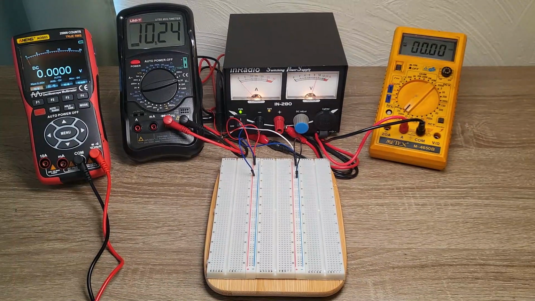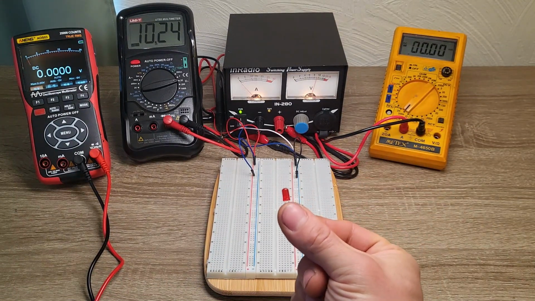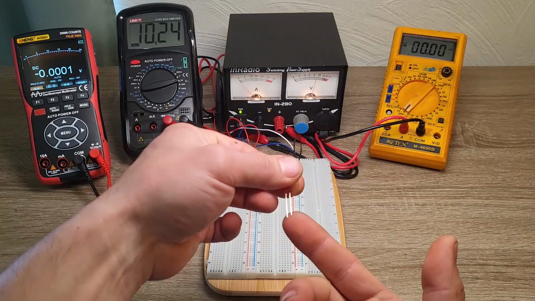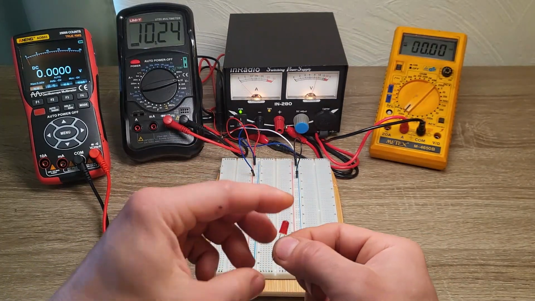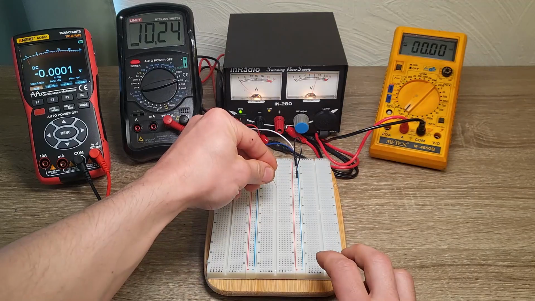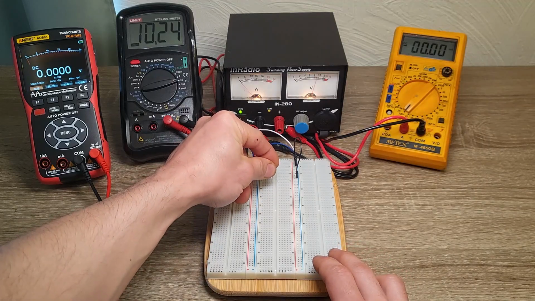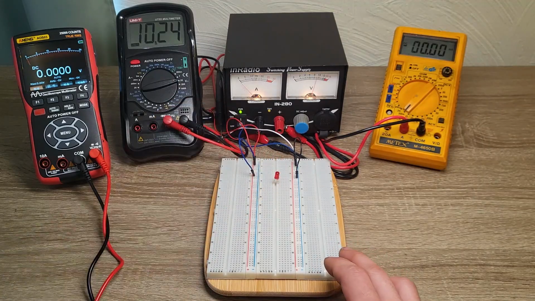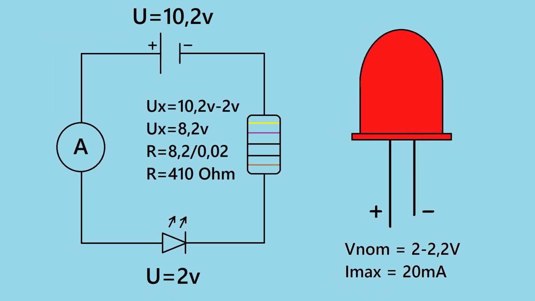Many of us are curious which resistor should be used in an LED circuit to avoid damaging LEDs, of course. Now on your screen appears the scheme with the calculations.